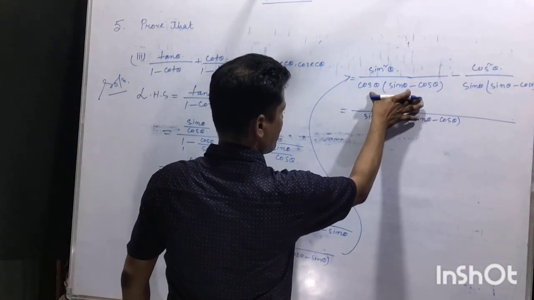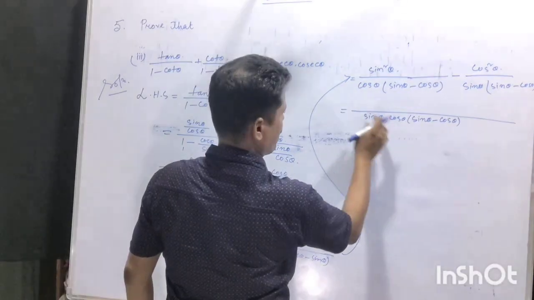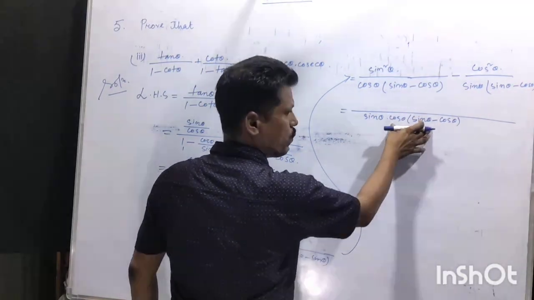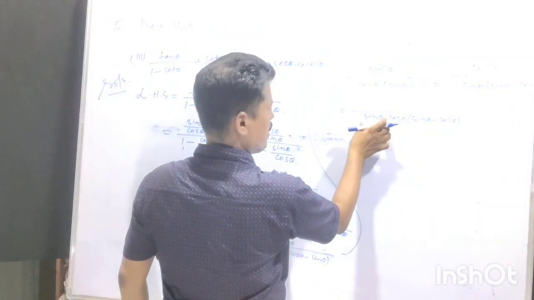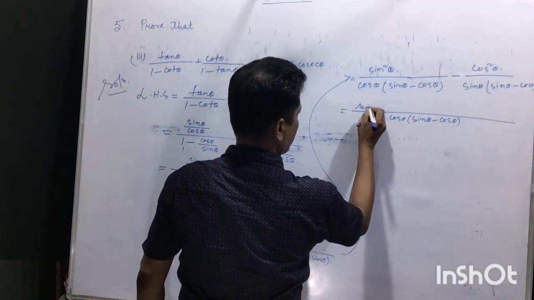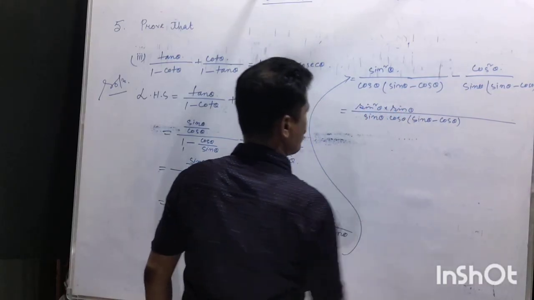If we divide the denominator part by this part, cos theta and sin theta minus cos theta will be cancelled, that means 1 times. So 1 into sin theta, we get sin theta into sin square theta, that means sin square theta into sin theta, that is sin cube theta.